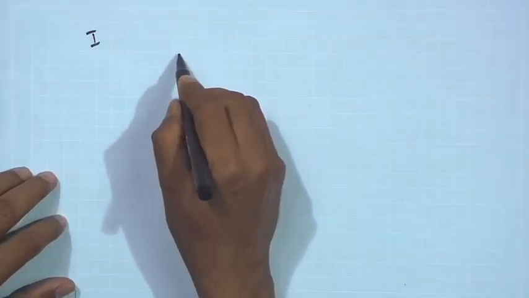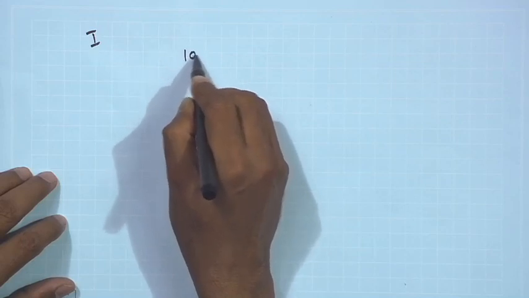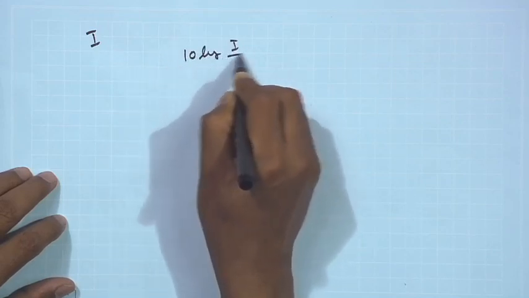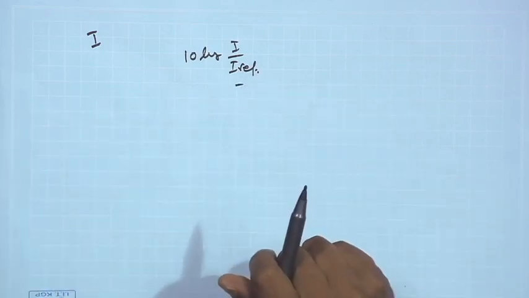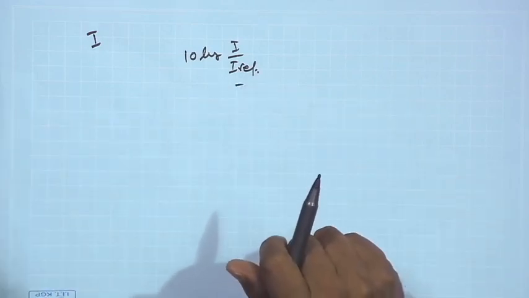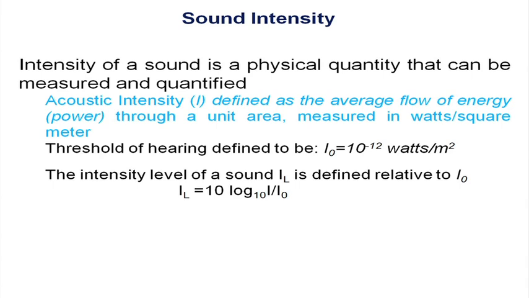So, if the intensity of a sound is I, then I can convert it into dB, which is nothing but 10 log I by I reference, where I reference is equal to 10 to the power minus 12 watt per meter square.